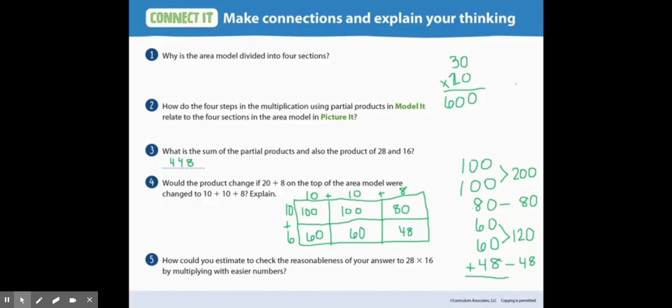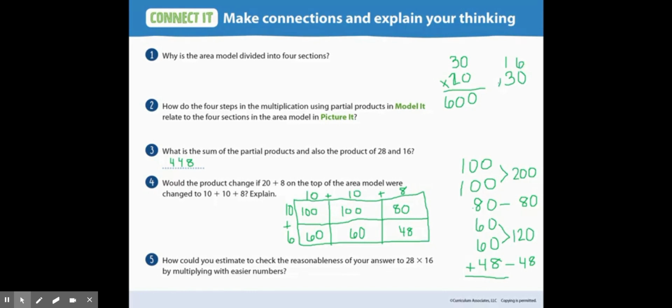Now, if I wanted to get a little bit closer, maybe I would use more compatible numbers. So if I round 28 to 30, and maybe for 16, I'll just keep it 16.